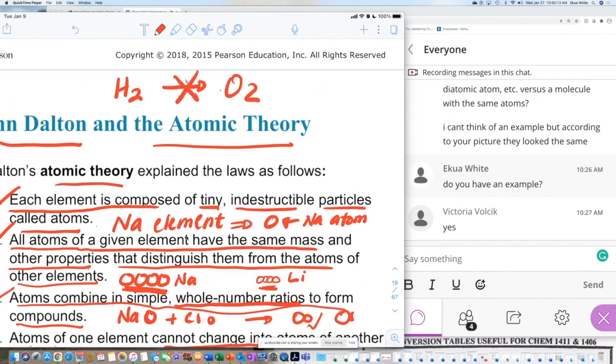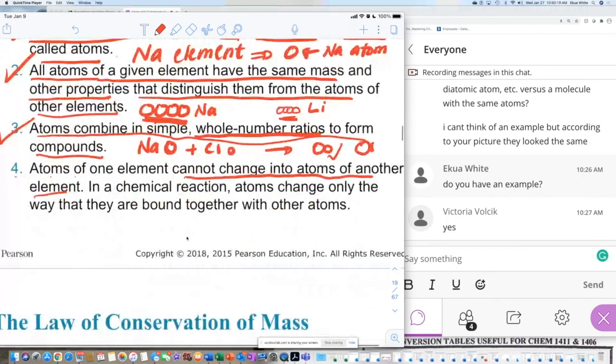This is not possible. So you can't go from one starting material and then magically get another in a chemical reaction. The way we see the products looking different from the reactants is that the atoms just change the way they're bound together, or they change their positions.